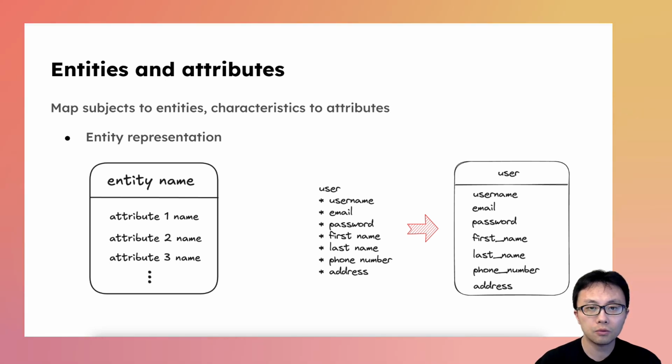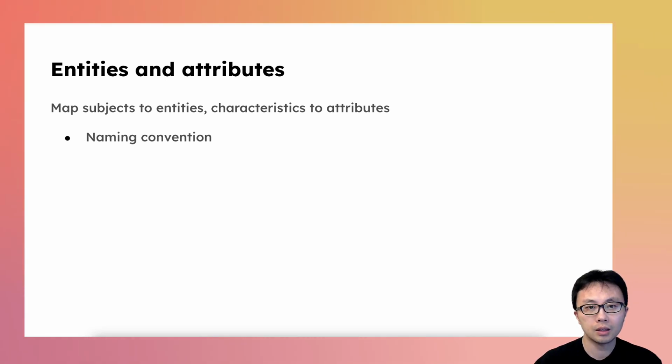Okay, that's the first point. The second important thing about mapping subjects to entities is the naming convention. Of course, you are free to choose whatever suits you when it comes to naming an entity and an attribute, but doing so arbitrarily will be bad for your design, let alone the implementation that comes afterward.